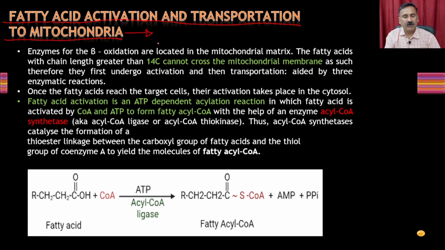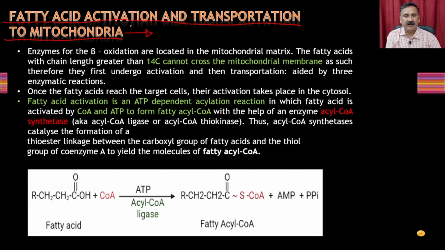If you recall, when we were talking about carbohydrate metabolism, a glucose molecule which is taken up into the cell is phosphorylated, and then only is the molecule in an activated state, and that's how it is committed for glycolysis.